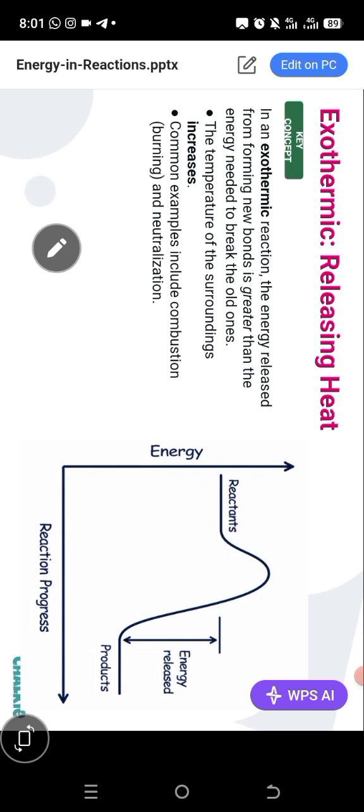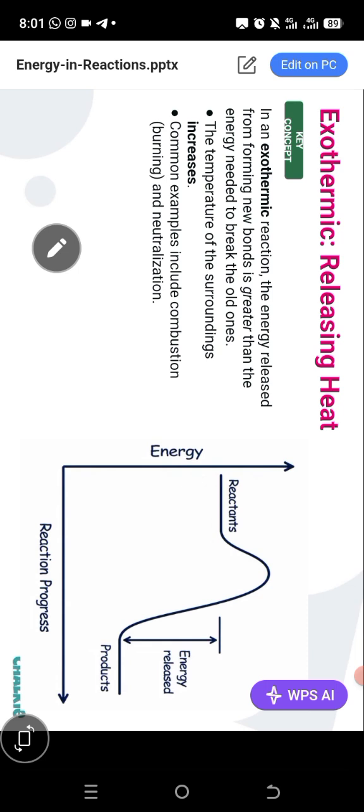Since the energy is released to the surroundings, the reactant matters a lot. The reactant is always higher than the product.